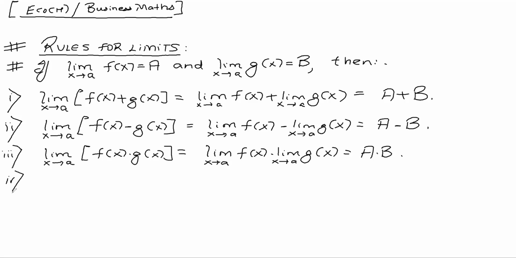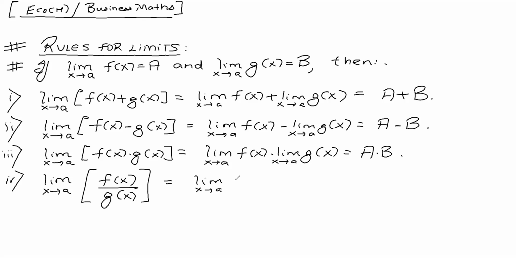In the fourth rule, limit as x tends to a, if I take the quotient, I can write it further as limit as x tends to a f of x upon limit as x tends to a g of x. So limit of a division of two functions is the division of the limits.